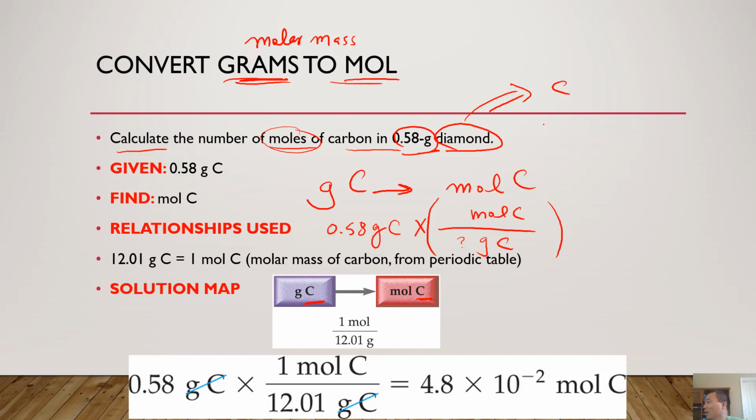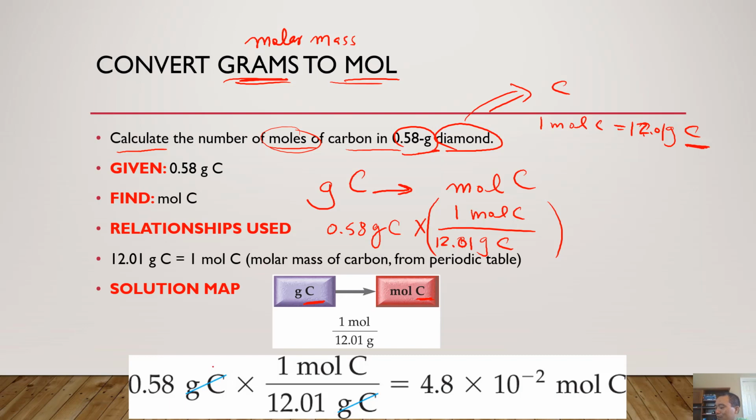So 1 mole of carbon is how many grams of carbon? Oh, you look it up for carbon, the formula mass is 12.01. So you do know it's 12.01. That's why you have 1 mole over 12.01. Always keep a periodic table with you. Okay?